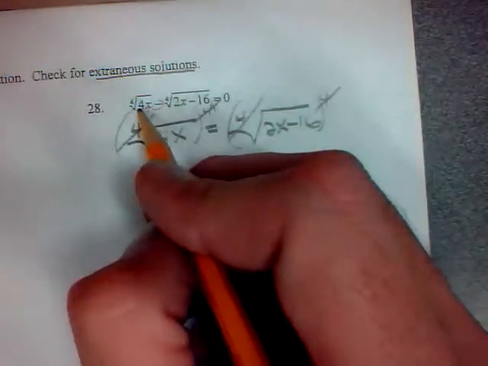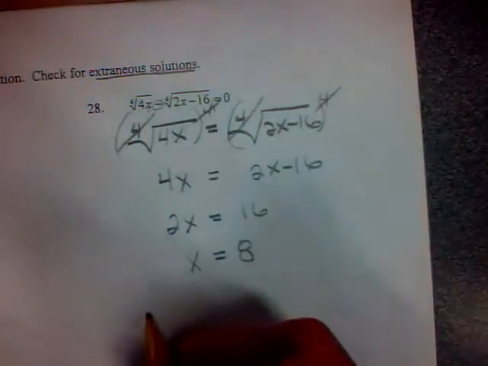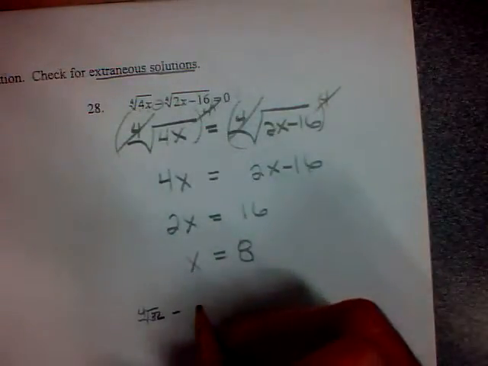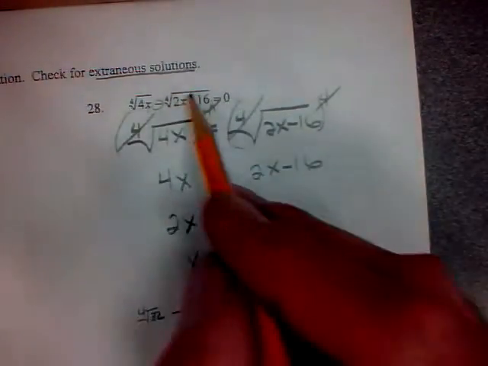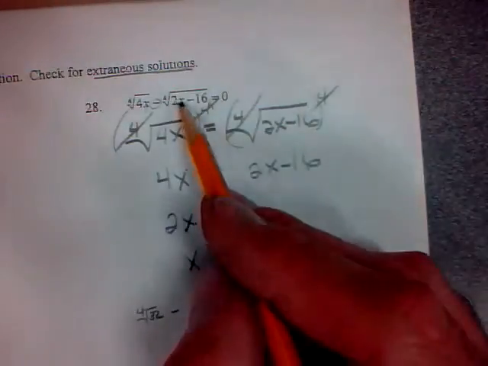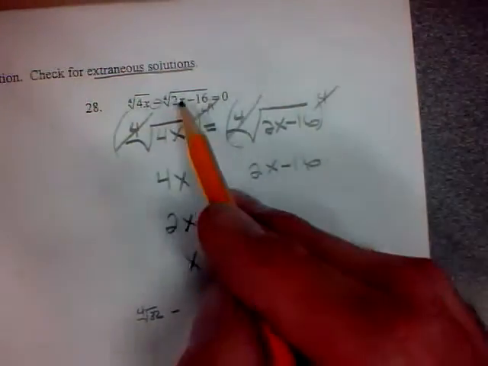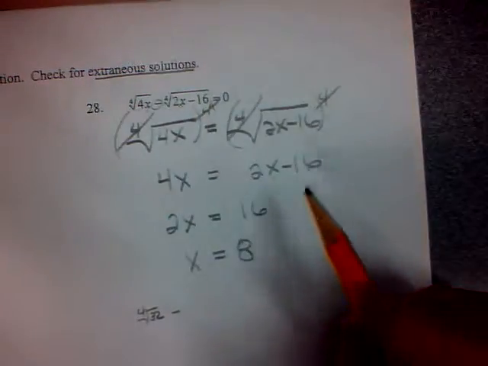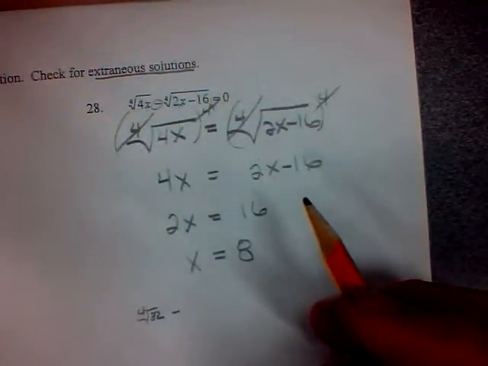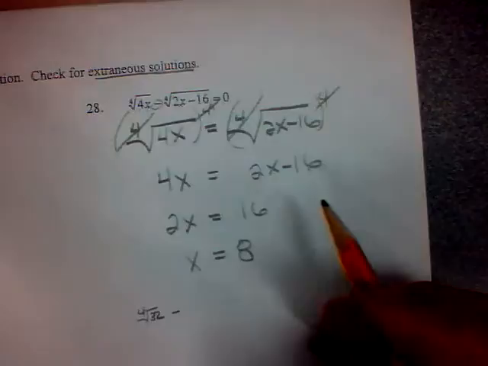So if we plug in an 8 here, this is the 4th root of 32 minus, plug in here, we get 2 times 8, which is 16. 16 minus 16 gets you 0.